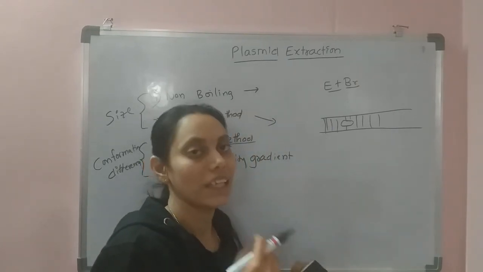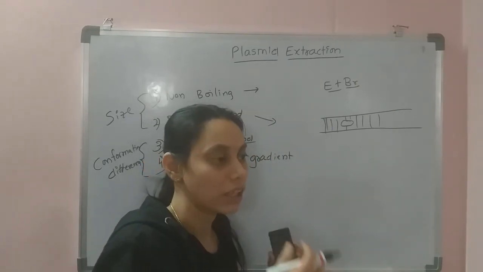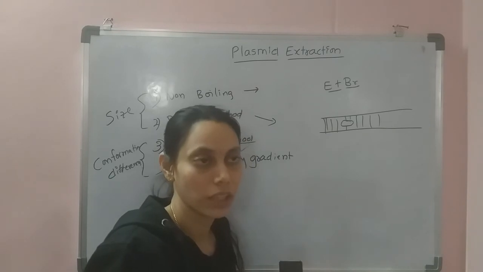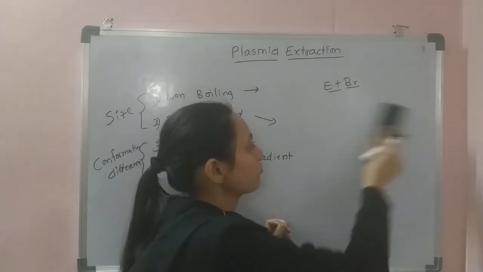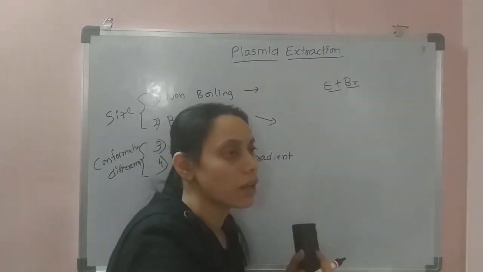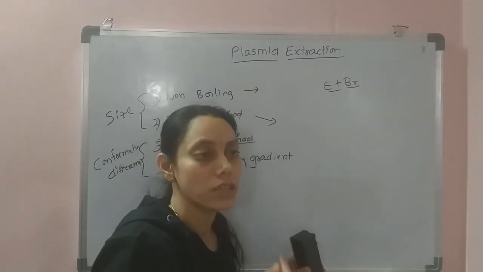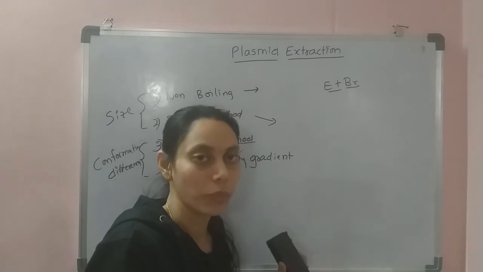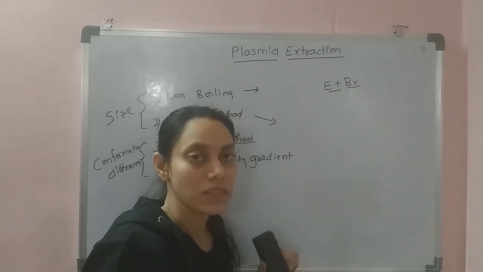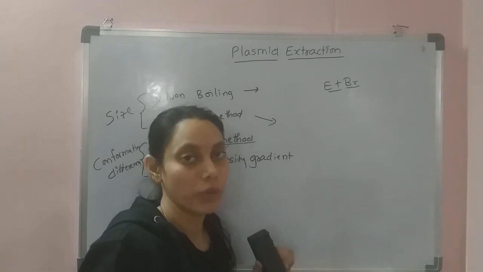So by that it denatures the DNA, and it decreases the density of the DNA because of the denaturation. As we already discussed, there is a conformational difference between the genomic DNA and plasmid DNA. Genomic DNAs will be in linear, relaxed form, and these plasmid DNAs will be in supercoiled form.